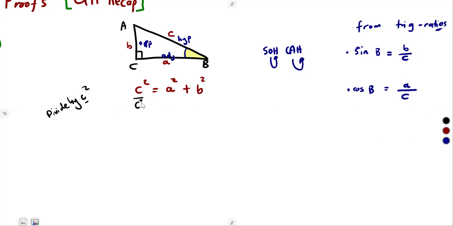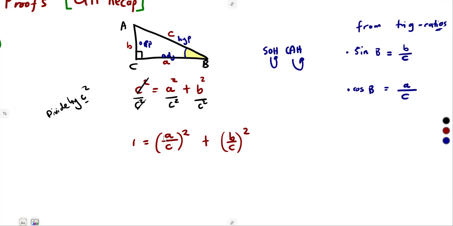If we divide by C squared, that gives us a 1. So 1 is equal to A squared over C squared plus B squared over C squared. It is the same as (A over C) squared plus (B over C) squared. It is one and the same.